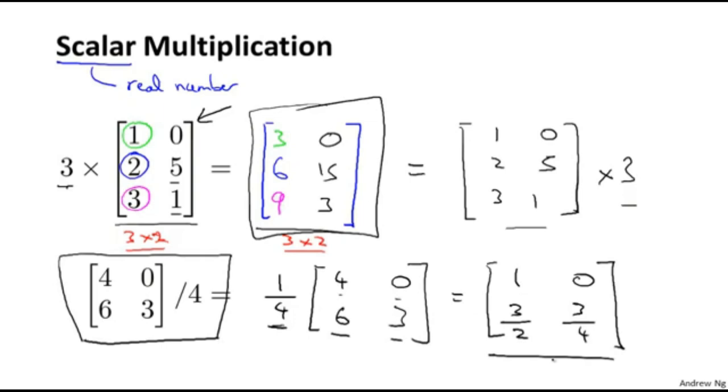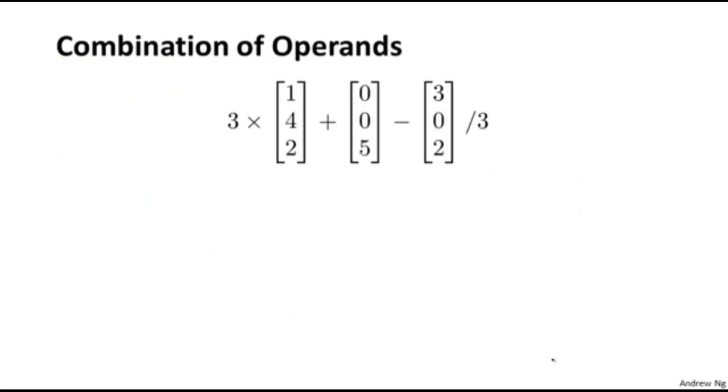Finally, for a slightly more complicated example, you can also take these operations and combine them together. So in this calculation, I have 3 times a vector plus a vector minus another vector divided by 3. So just make sure we know what these are, right? This multiplication is an example of scalar multiplication, because I'm taking 3 and multiplying it. And this is another scalar multiplication, or scalar division, I guess, which really just means 1/3 times this.